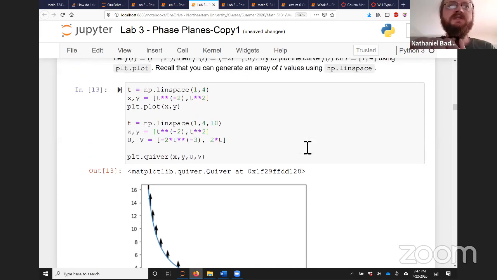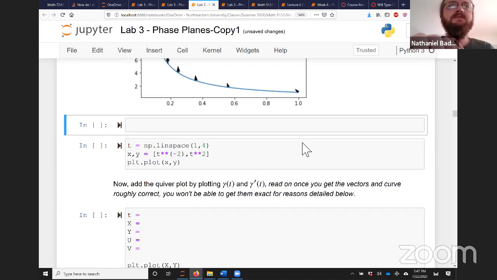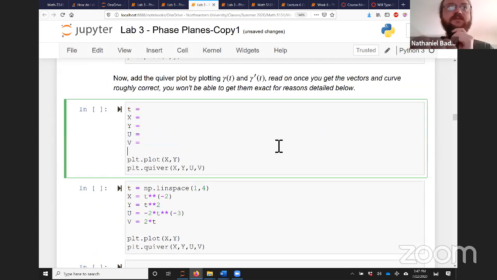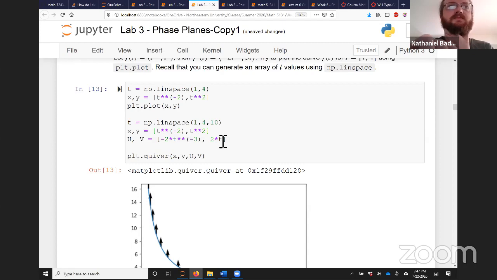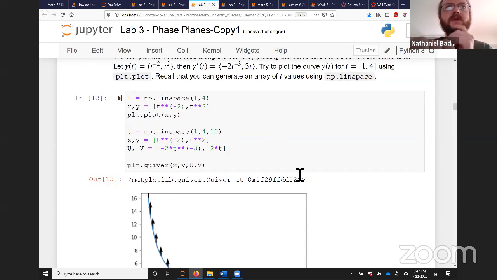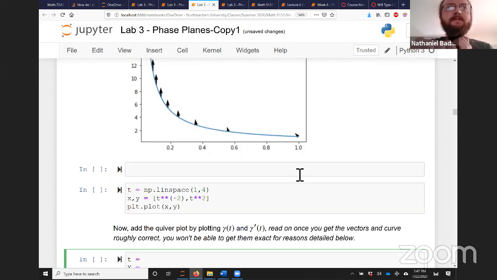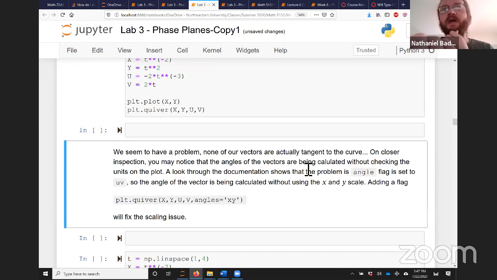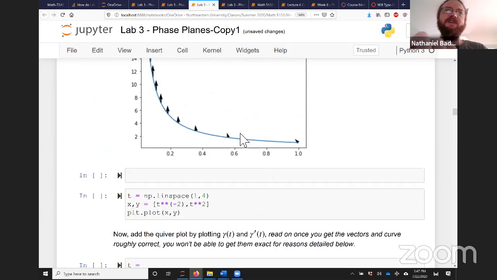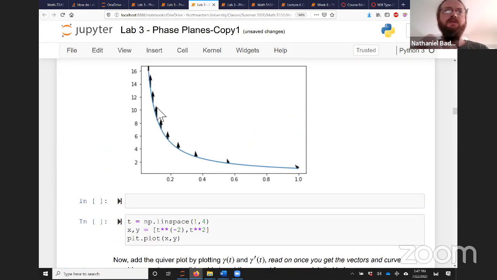Oh, that's strange, something's gone wrong there. Oh yeah, okay, so this is exactly what this note is here. So if we look at this, something has gone kind of wrong here, right?